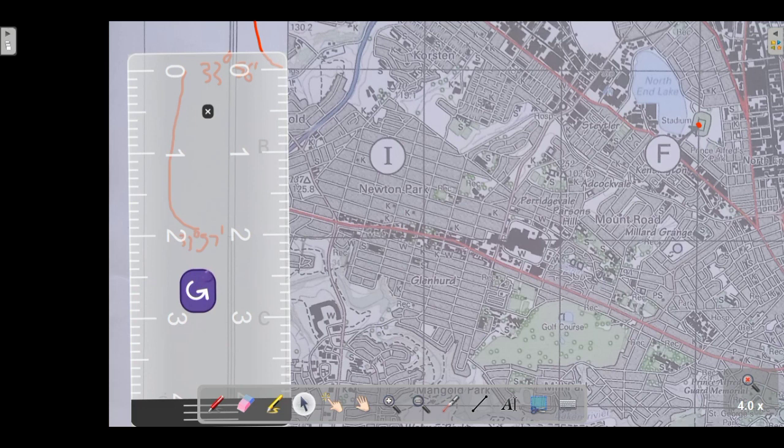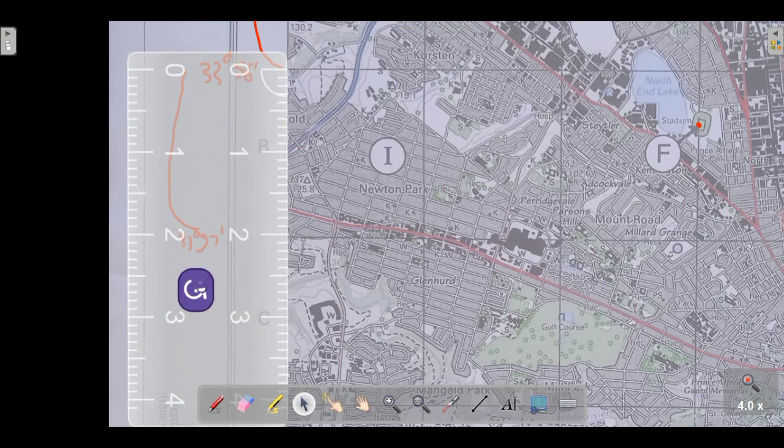There we go. If that is at 0 and this is 2, that means that our half is at 1. So we have our half right about here actually.